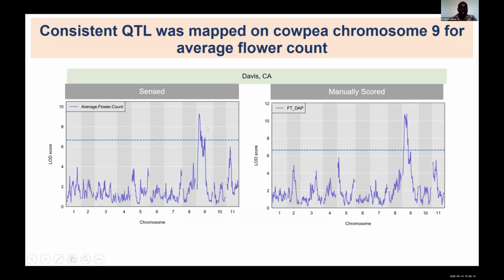This mapping here shows a comparison between data generated from AI for flower count and manual data. You can see more or less the QTL on chromosome 9 is detected using both methods, and the signal of the QTL is about the same. So potentially the data sets generated from AI calibrate or relate well with the manually generated data.